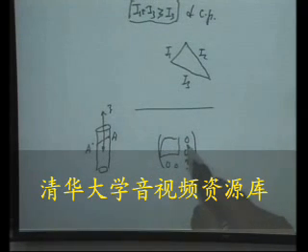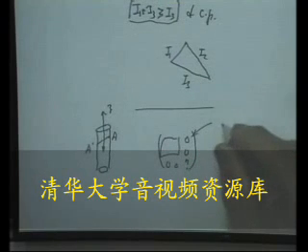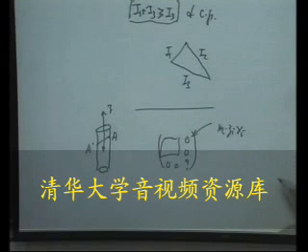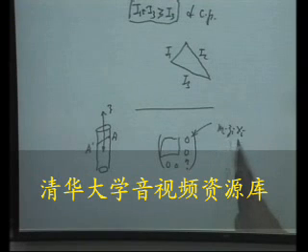This term is the contribution mi zi xi. But mi zi xi for A and for A prime are equal and opposite because they have the same mass, they have the same Z, they have opposite X. So if you add, it is equal to 0.